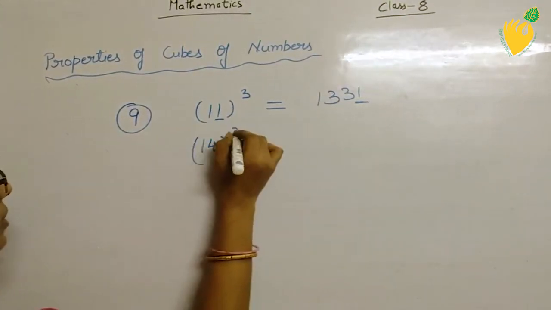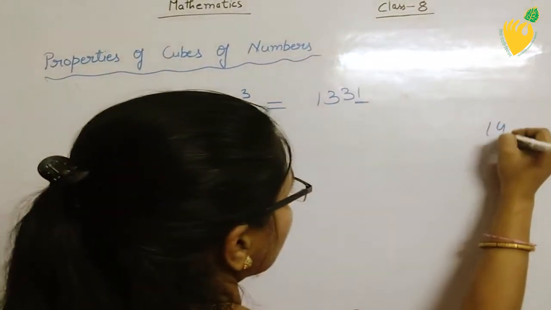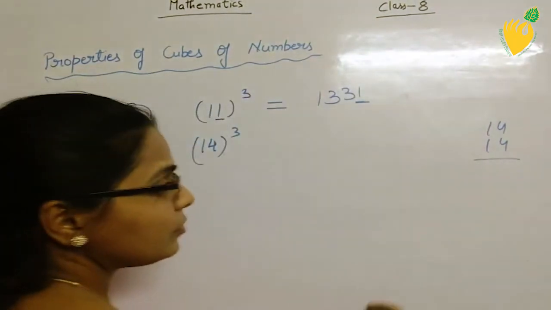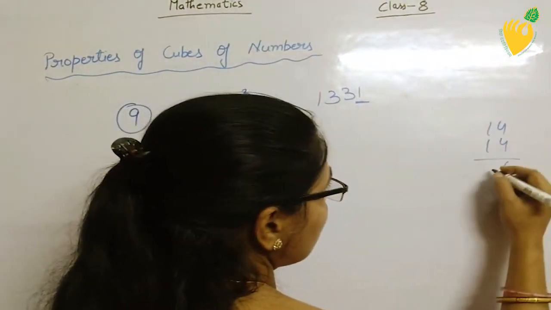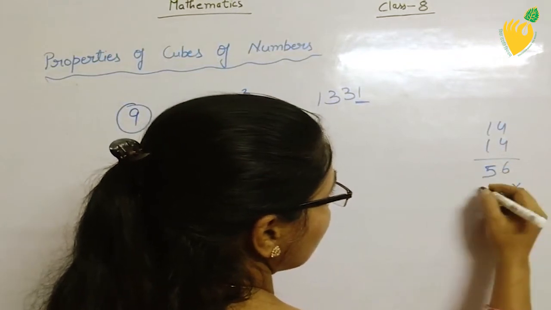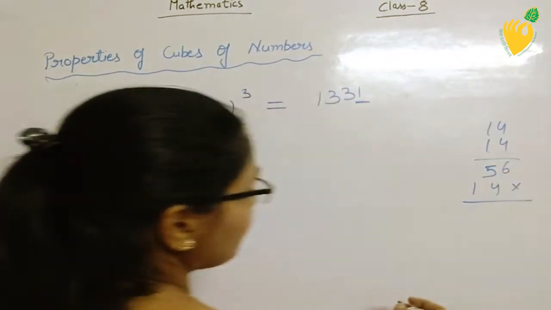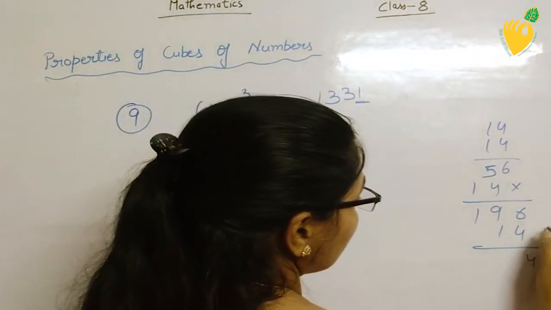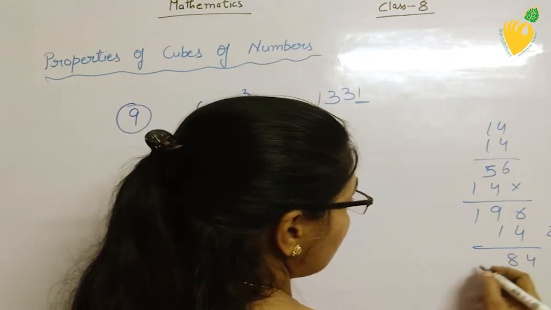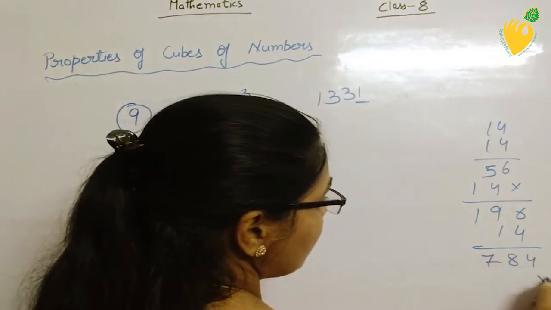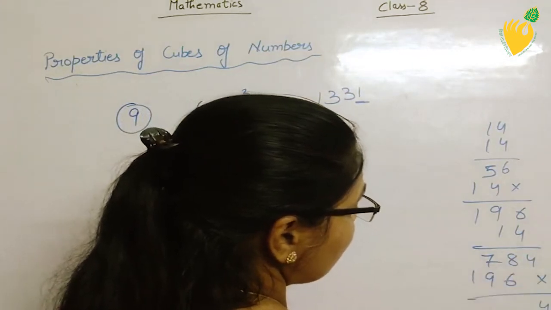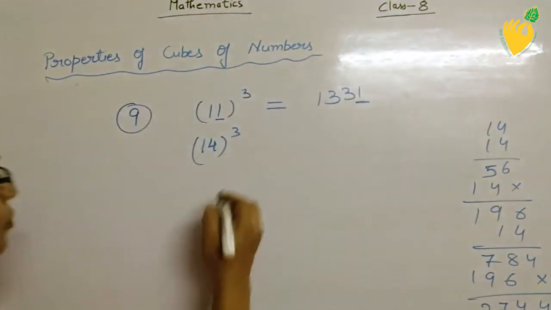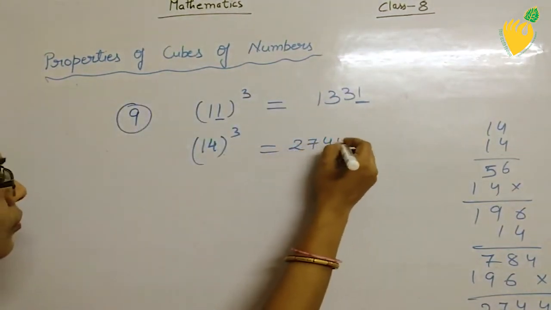Now suppose any number is 14, and the cube of 14 will be, let's find, 14 times 14 is 196, multiplied by 14 gives 2744.